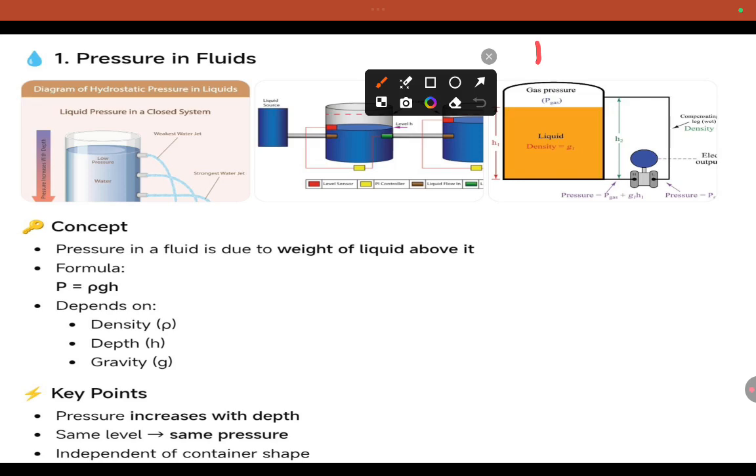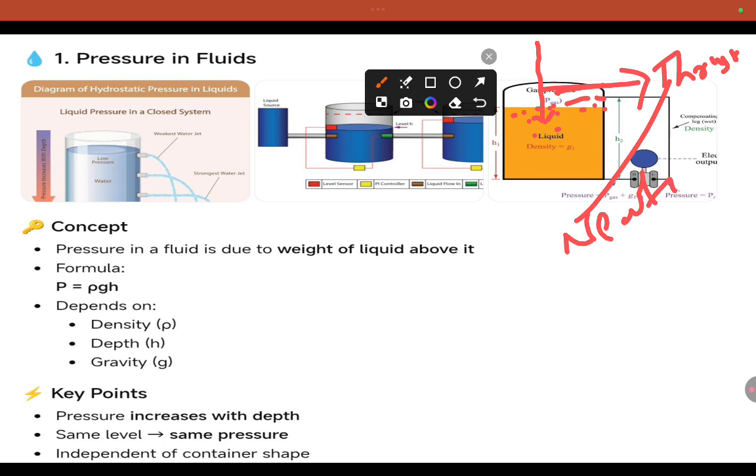When we drop a stone here, it is perpendicular to the water surface. This type of force we call thrust. Is that clear? As you know very well, thrust is just like a force, measured in Newton.